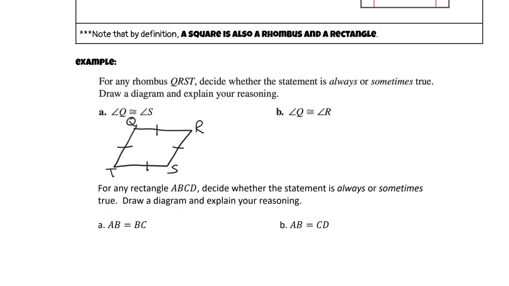Now, is it always or sometimes true that angle Q is going to be the exact same angle as S? Well, since it's a parallelogram, and parallelograms always have opposite angles that are congruent, we're going to say true. It will always be true because opposite angles are congruent in parallelograms.